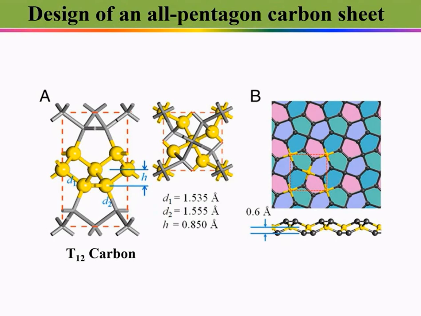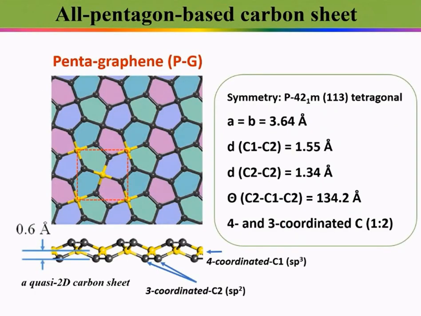So here is a very unique structure in which you have 2 kinds of carbon, one forming a tetrahedron and one forming what it does, for example, in benzene. And that is where the strain is released by having adjacent pentagons. Again, if you look at the distances, there are 2 kinds of carbon atoms.